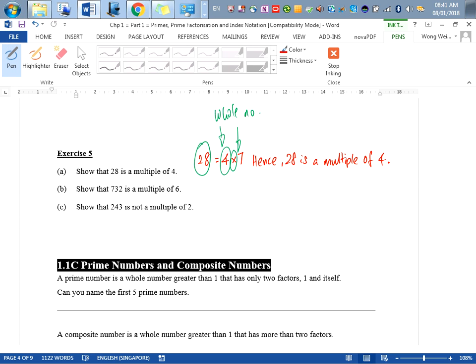Can you try part B yourself? Do it the same way for part B.